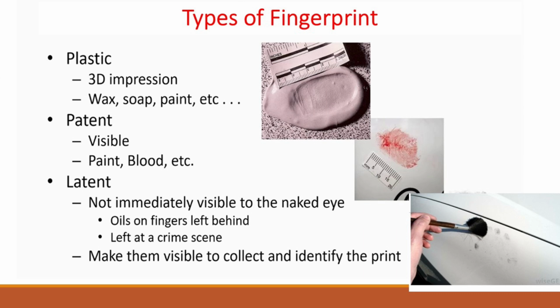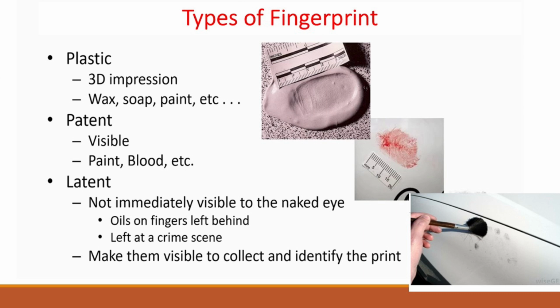We make this latent fingerprint visible by using methods like the powdering method, or by using chemicals or special lights, and then we lift them by snapping them, or using some other means to lift them from the surface.